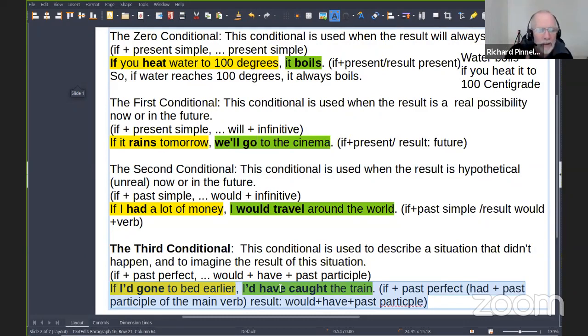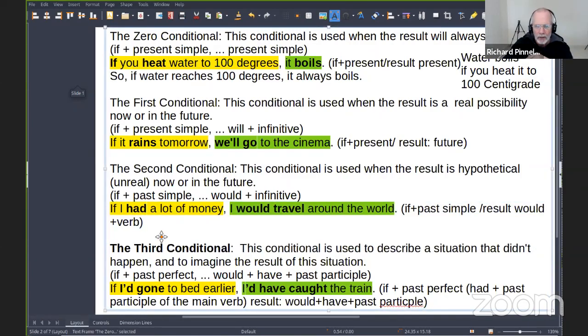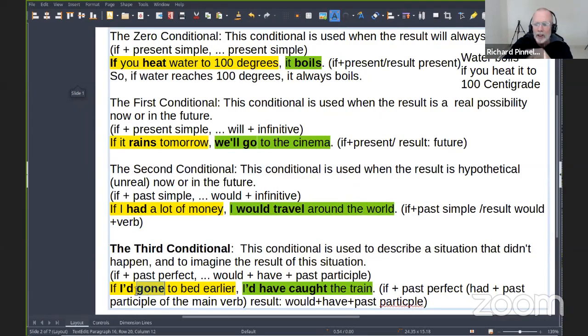So how do we form this? If I'd gone to bed earlier, the first thing is here, the verb in the if part is in the past perfect because this clause refers to the past. We cannot use the past here because we use the past in the second conditional. So we need to use the past perfect. This is had plus the past participle.